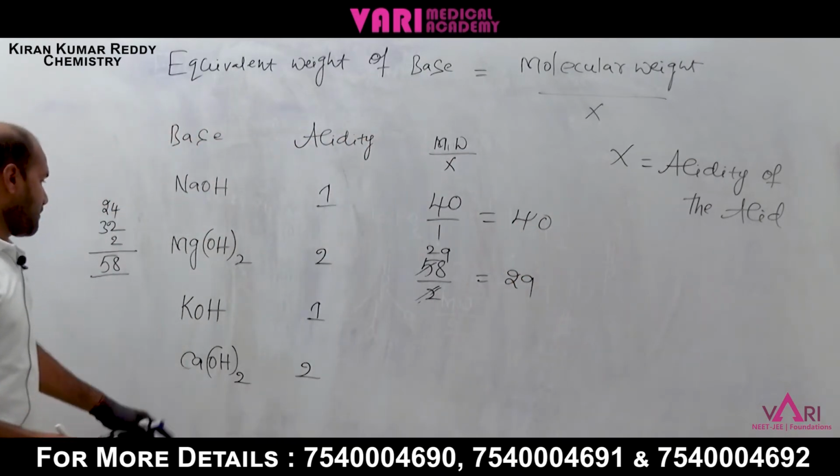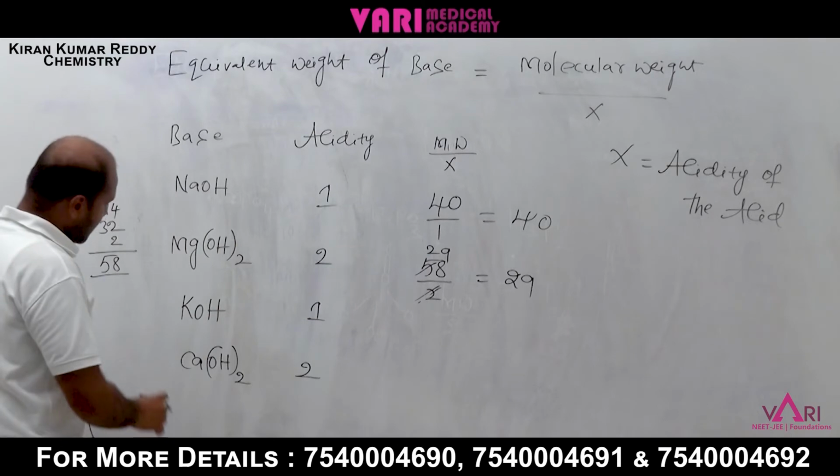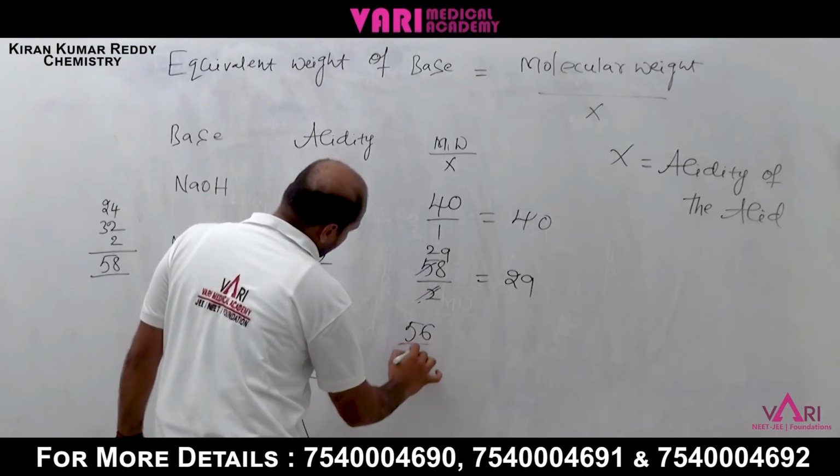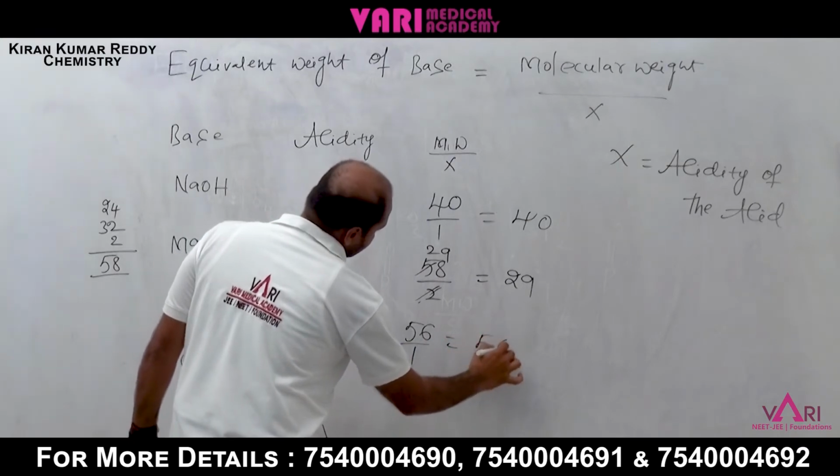Next one is KOH, potassium 56 by 1, that is equal to 56.